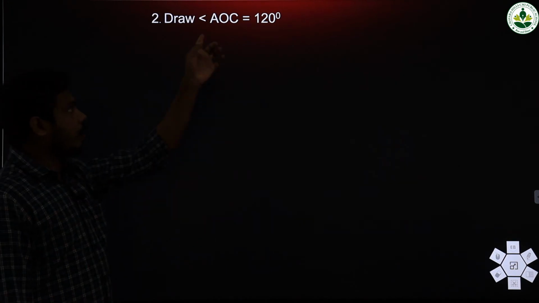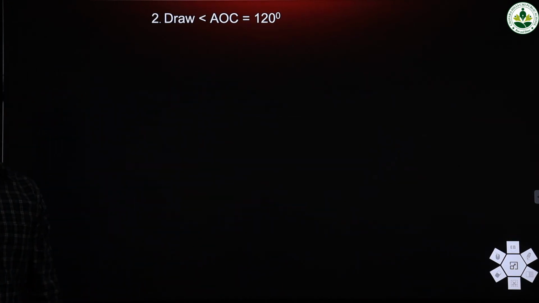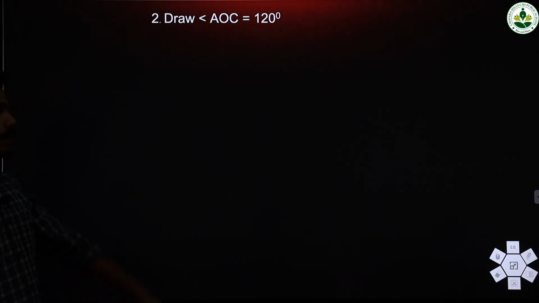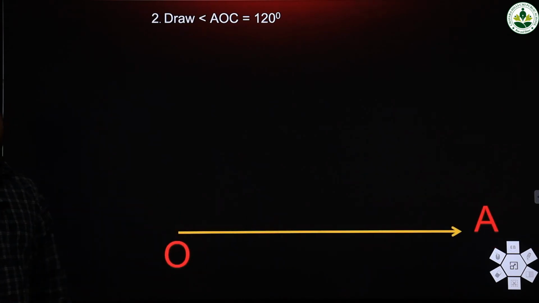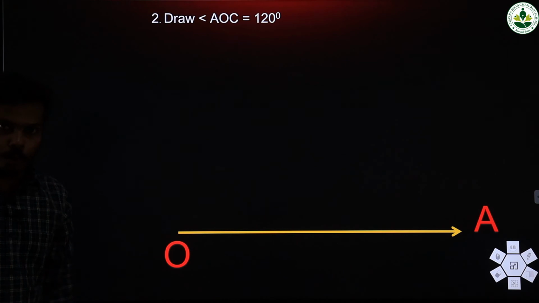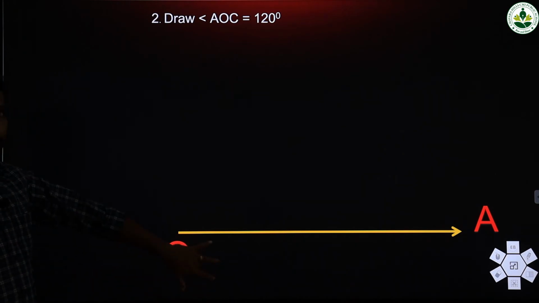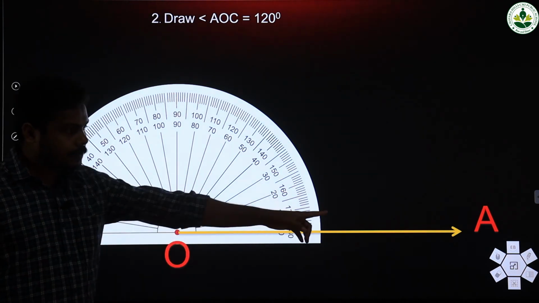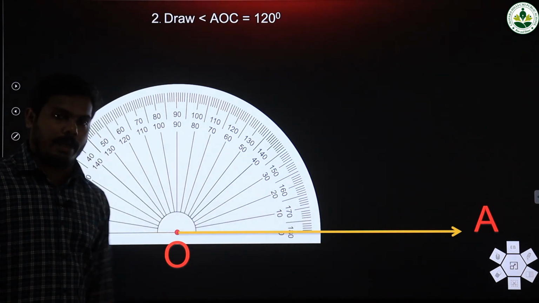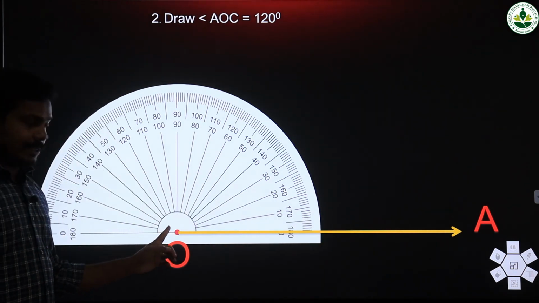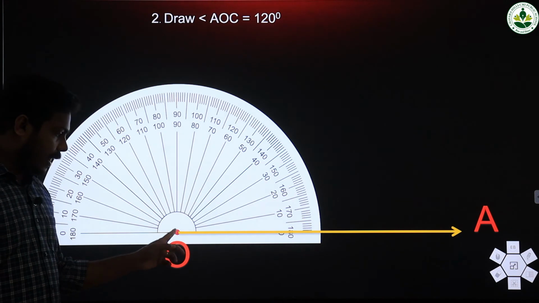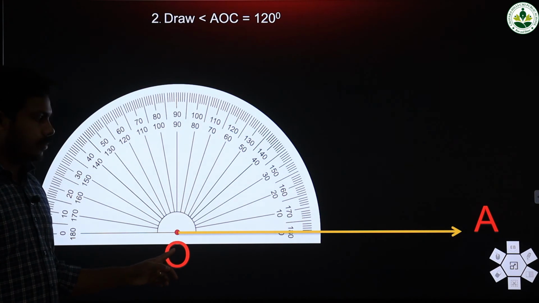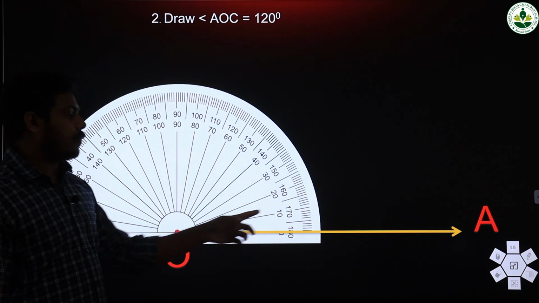Next question, draw angle AOC with 120 degrees. First we draw one of the arms. Here we draw OA. Then place the baseline of the protractor over the arm OA in such a way that the center of the baseline lies exactly over the vertex. Then start counting from the right side.